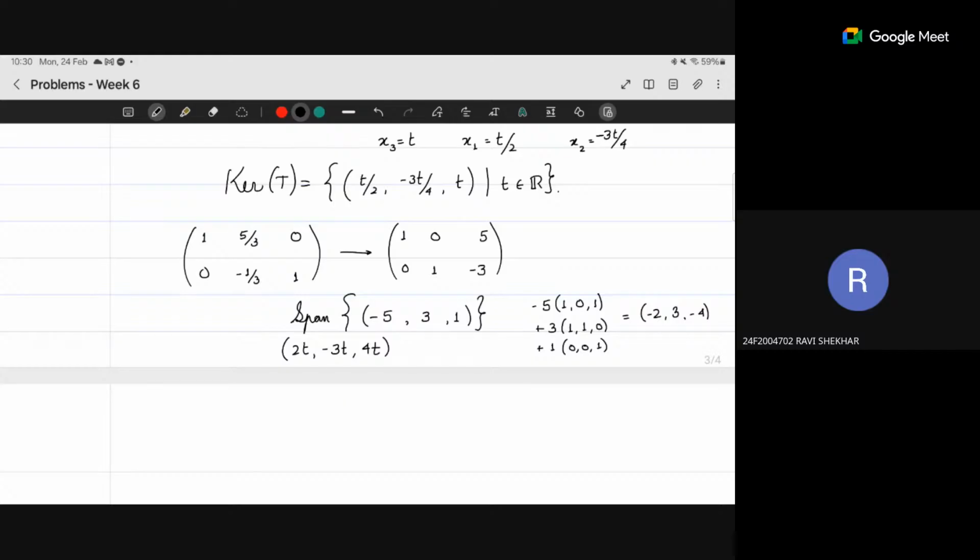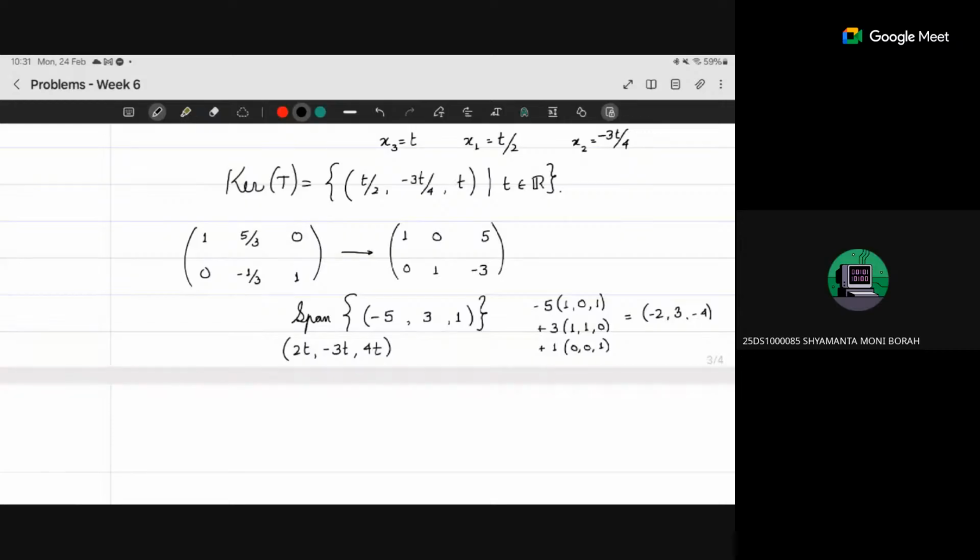You're not finding the coordinates of -5, 3, 1. Something associated to the matrix is already in coordinate form. Values associated to the matrix representation are the coordinates. Is that clear? Oh, yes, sir.